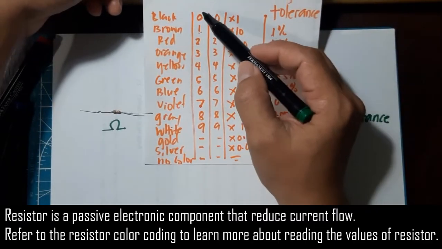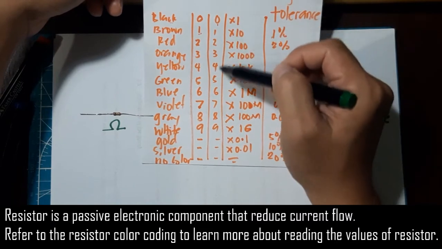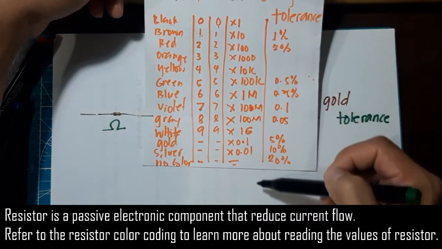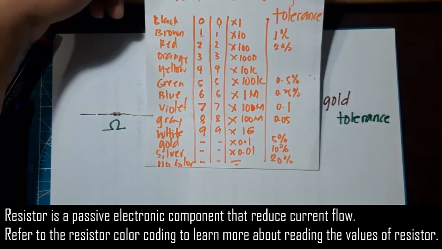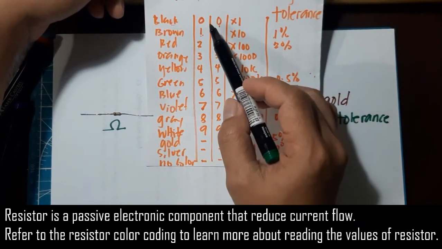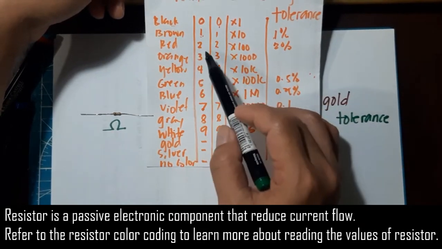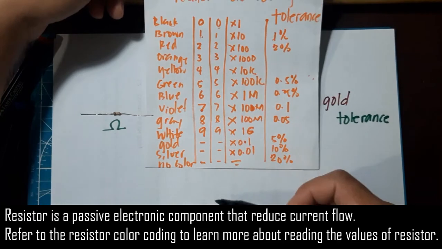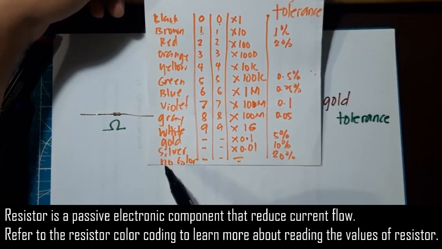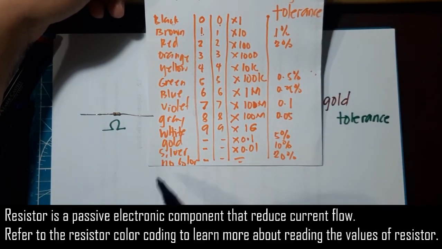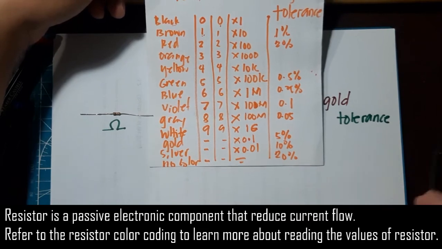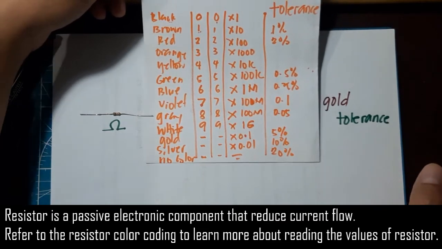This one is our first significant digit, second significant digit, third significant digit, and your tolerance. For black, that's 0, brown 1, red 2, orange 3, and so on. For gold, silver, and no color, there's no numerical value.